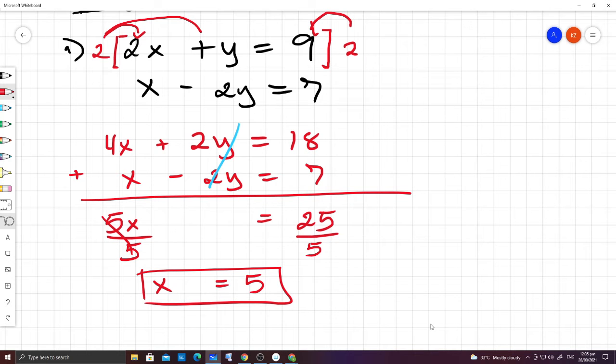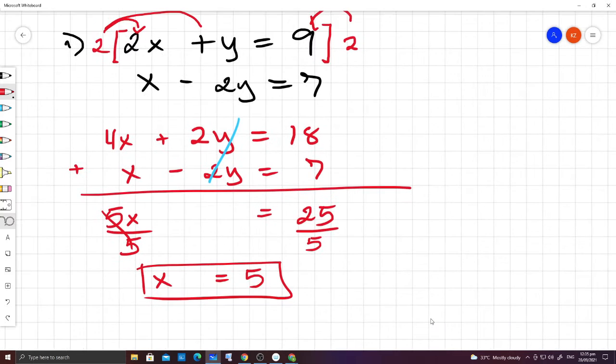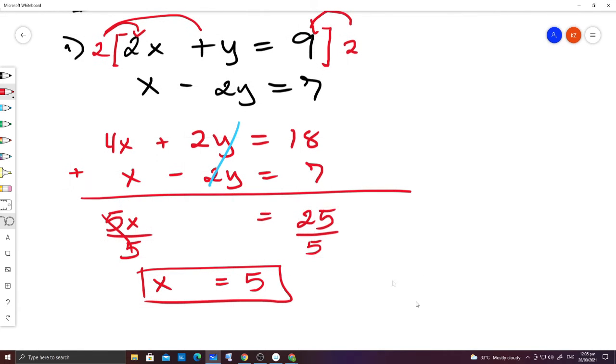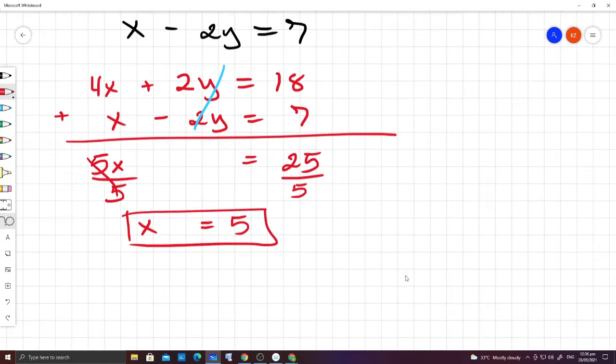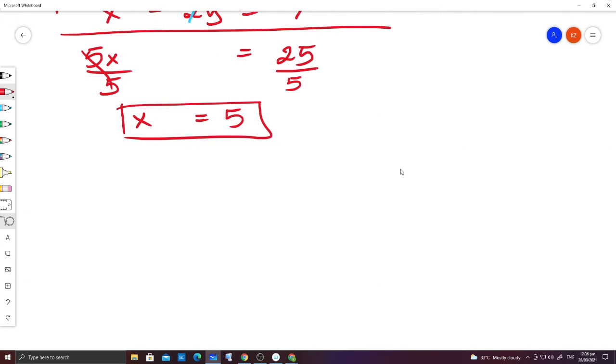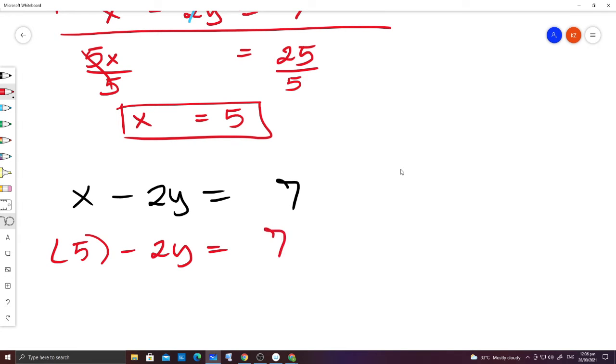So next one, how about the value of y? I can choose either equation 1 or equation 2 to find the value of y. So let's say I will choose equation 2, x minus 2y equals 7. Okay, so let's use the value of x, our answer. So we have 5 minus 2y equals 7.